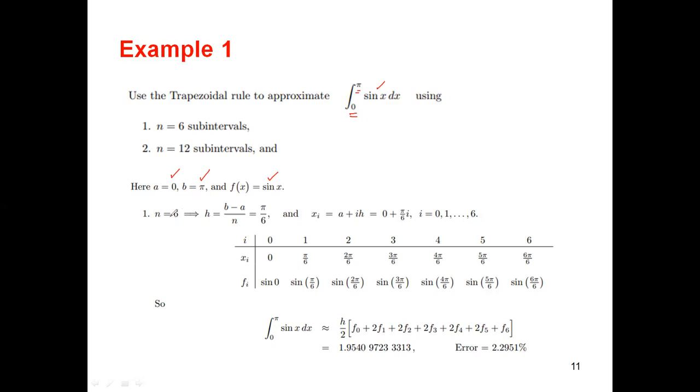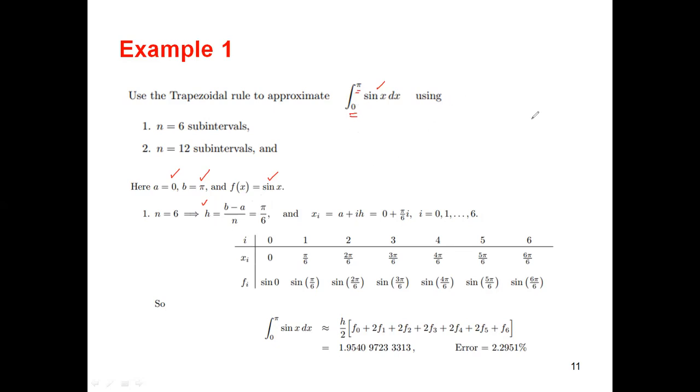Then the h that should appear in the formula that I have shown to you a while ago will be b minus a divided by n. So that would be pi minus 0 divided by 6, so that would be pi over 6. And this is the increment that you will add starting from the lower limit until you reach the upper limit.